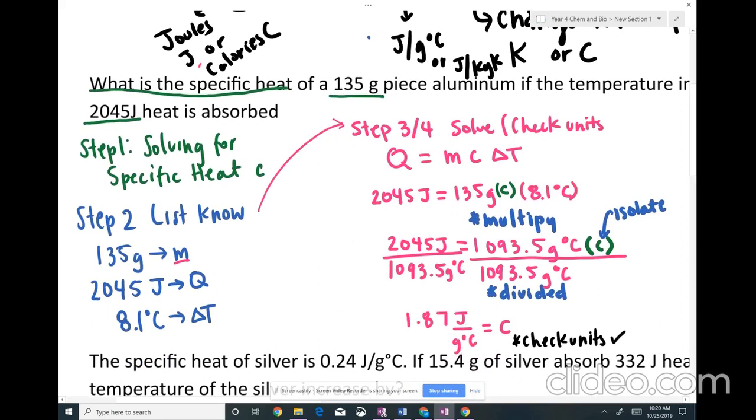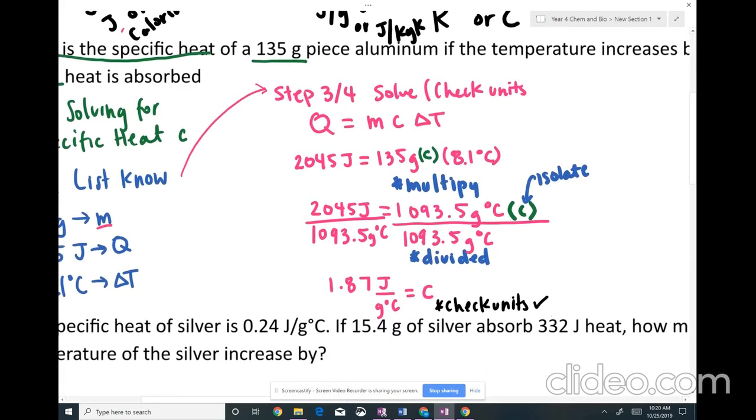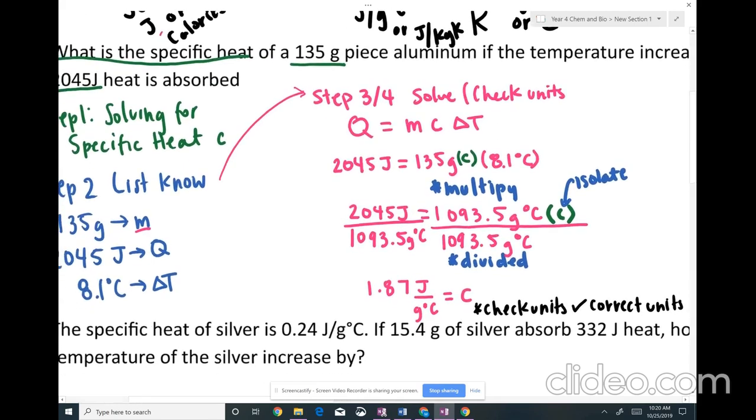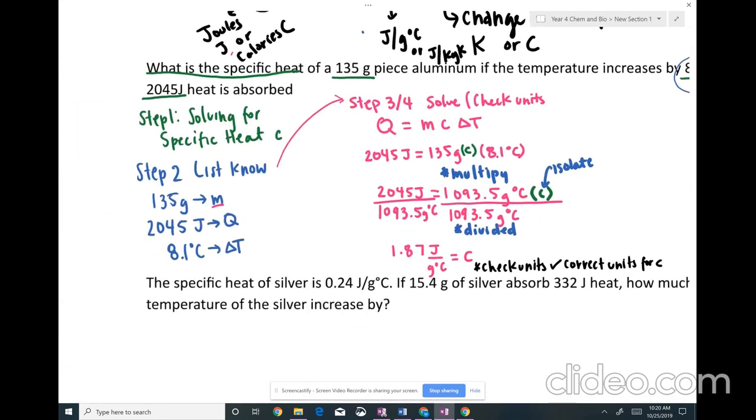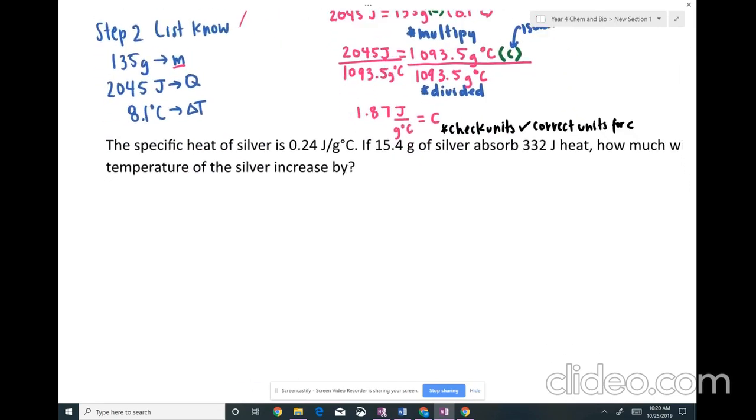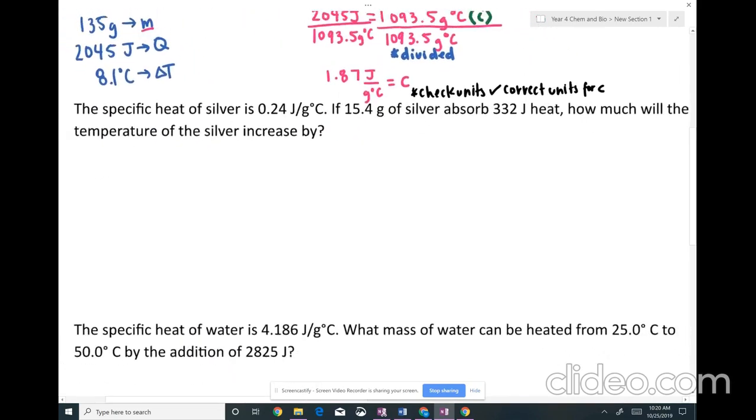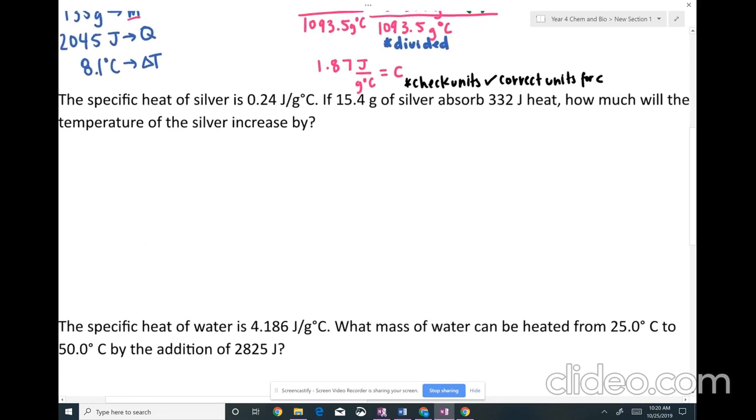Yes. I have the correct units for C, which means my answer is pretty much on the right track, unless I messed up somewhere and did not convert, or I forgot to do something.